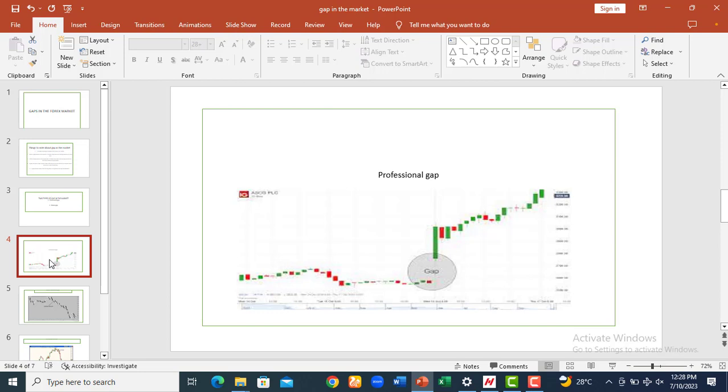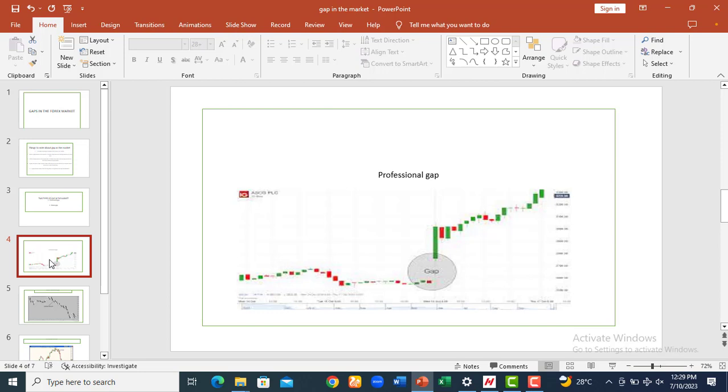Then before going into that bullish direction, which it has reversed to, you see a gap towards the bullish direction. The professional gap always shows continuation. You always spot it at the support and resistance zones in the forex market. It always shows continuation in that opposite direction it has started.